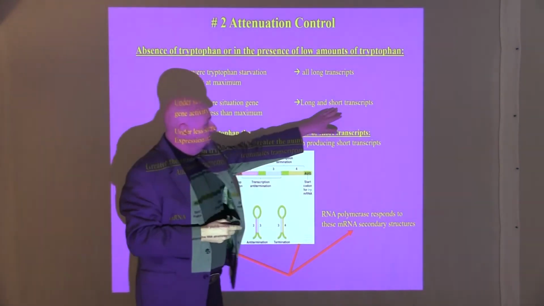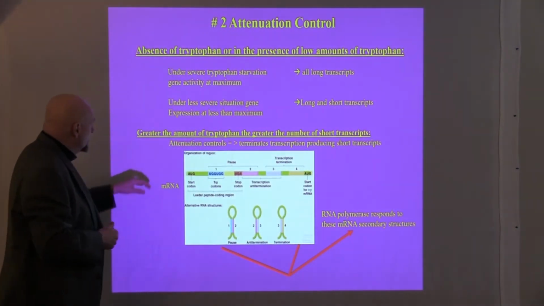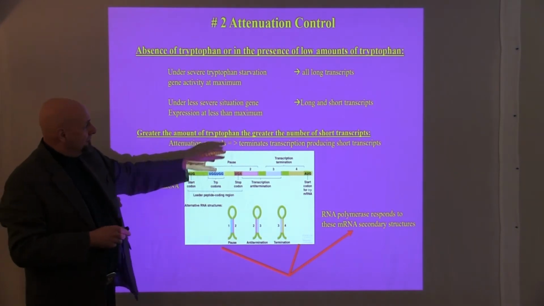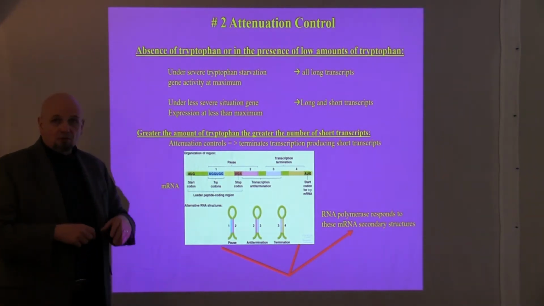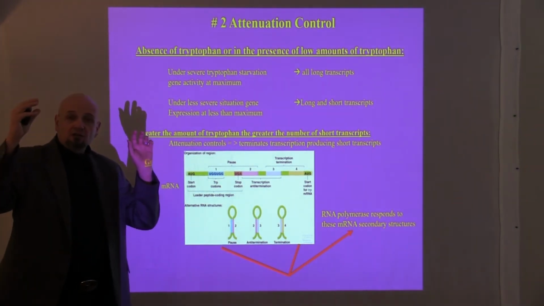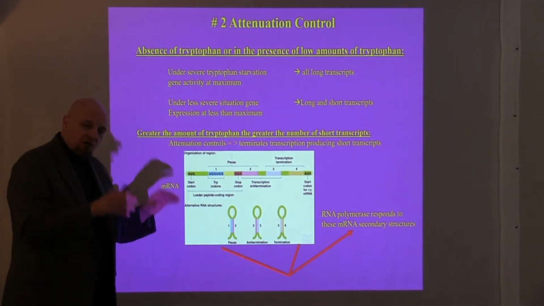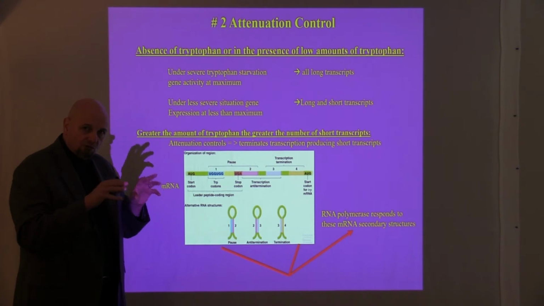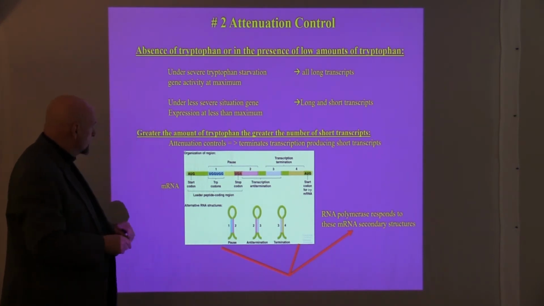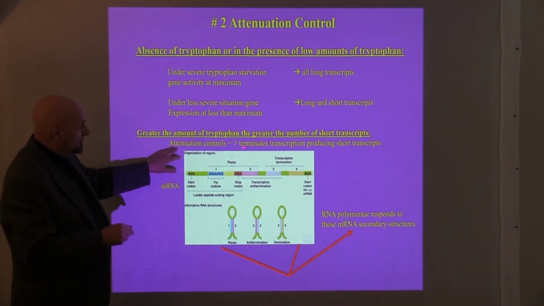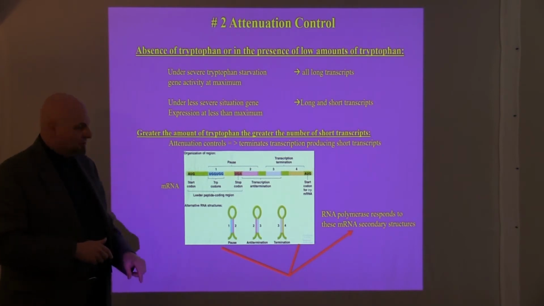And that's the concept of the short transcript. So, the greater the amount of tryptophan, the greater the number of short transcripts, to the point where it finally shuts down the gene expression using just the tryptophan repressor system. So attenuation control terminates transcription, producing short transcripts.